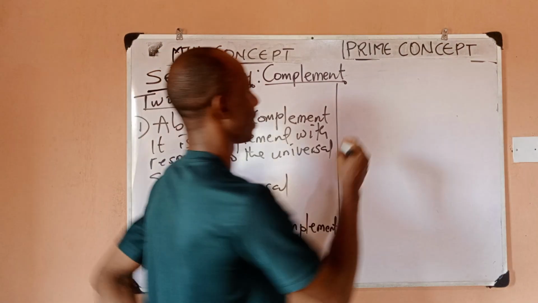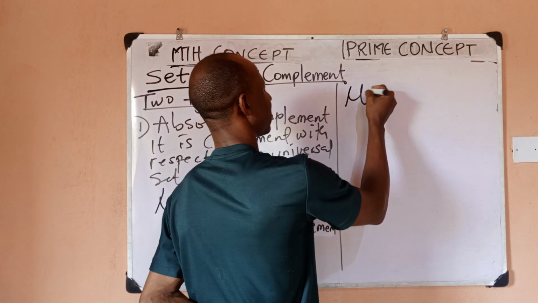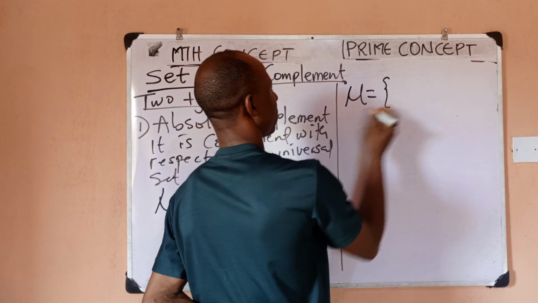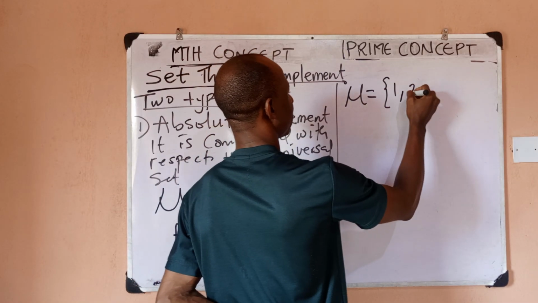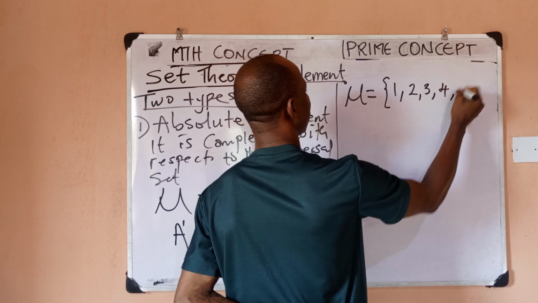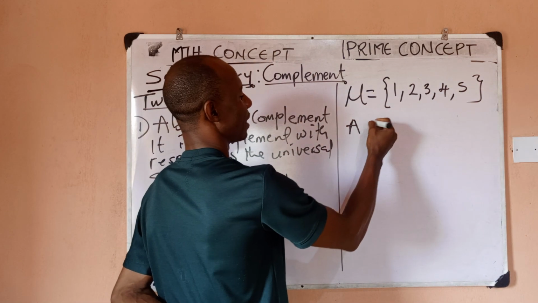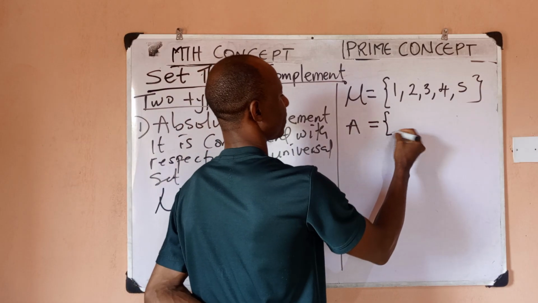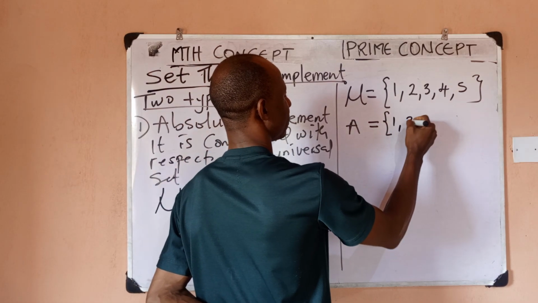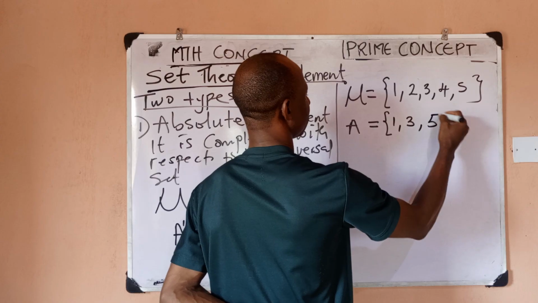Now let's give a quick example. Given a universal set that contains elements 1, 2, 3, 4, 5. So this is the universal set. And we have a set A that has elements, let's say 1, 3, and 5.